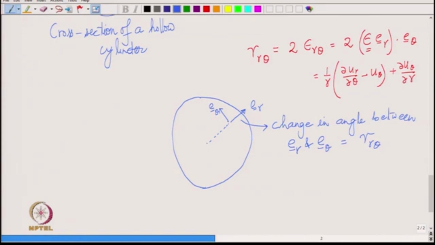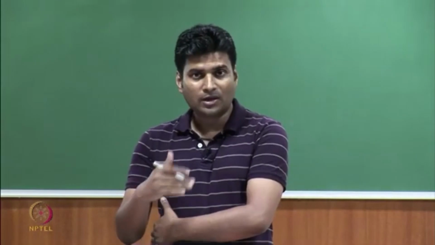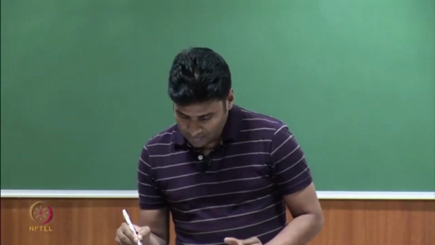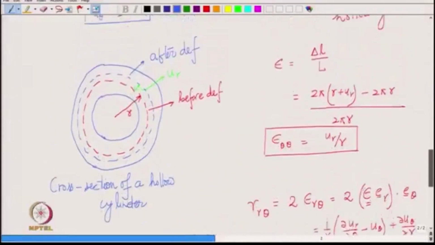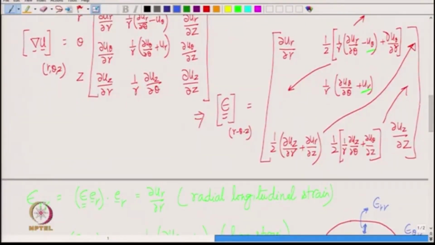So, I think you should try to figure out why we have this extra term. Maybe I will give an explanation for this in a solved example, okay, but in the meantime you should try to figure it out. Okay. So, likewise you can think of the physical meaning for each of the strain components here.